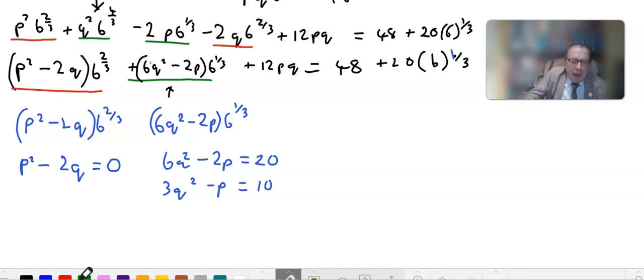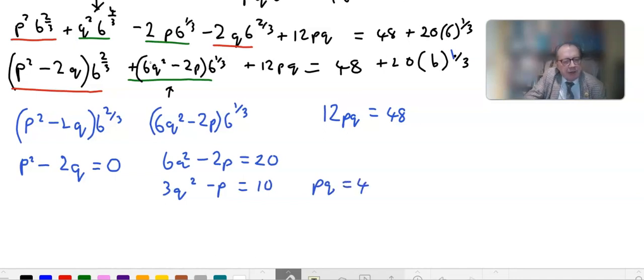And we have 12pq equals 48, so that pq will equal 4. And we notice that p squared minus 2q is equal to 0. p squared has to be positive, and 2q must also be positive, because when it's subtracted from a positive number, it gets you 0.